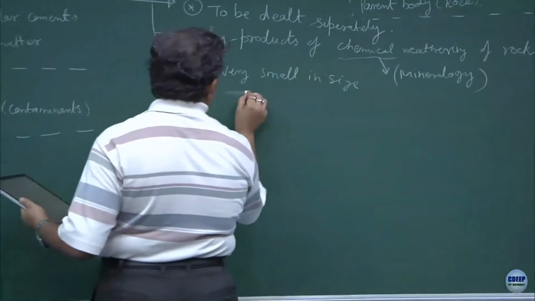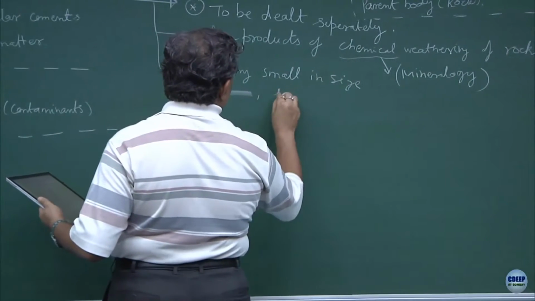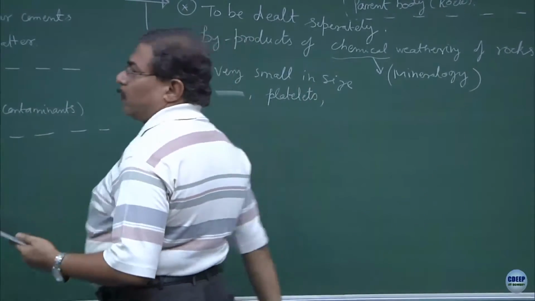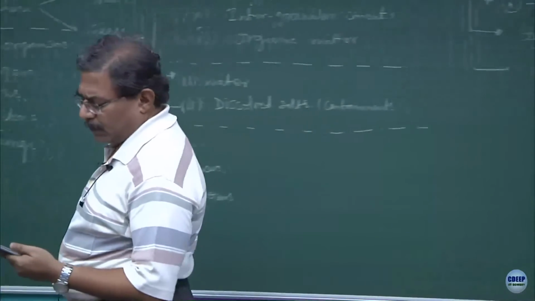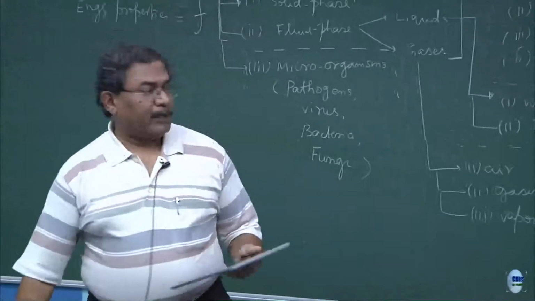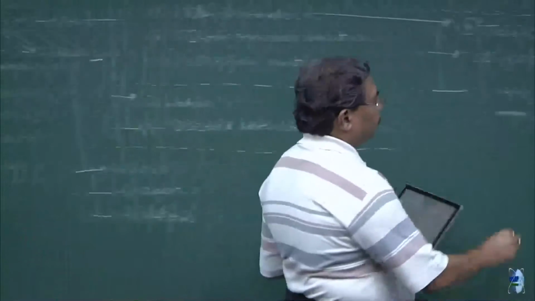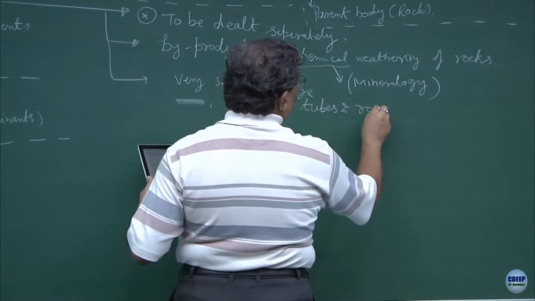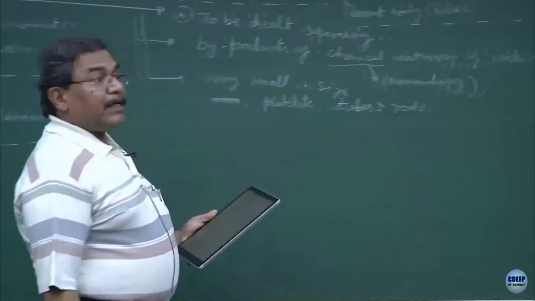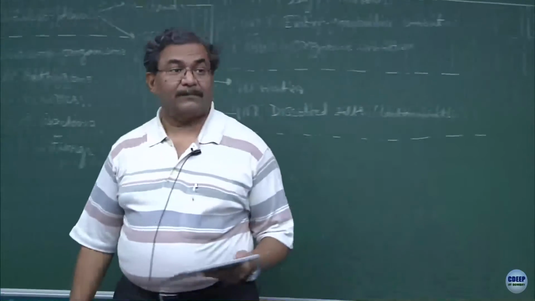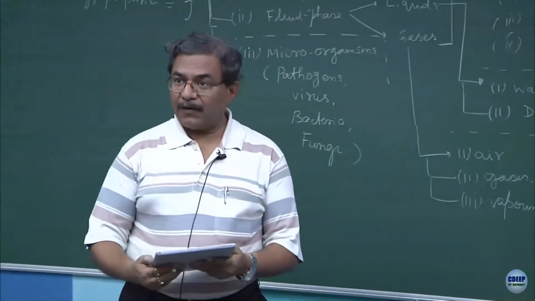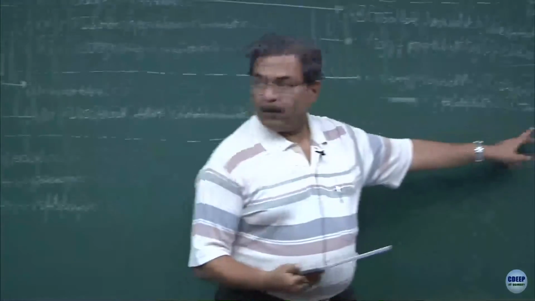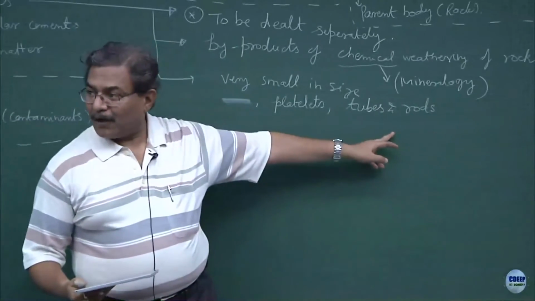So, they will be needles, platelets mostly, tubes and rods. Incidentally, bacteria are also like that. Are you realizing this? Most of the time bacteria are also either tubular or in rod form.